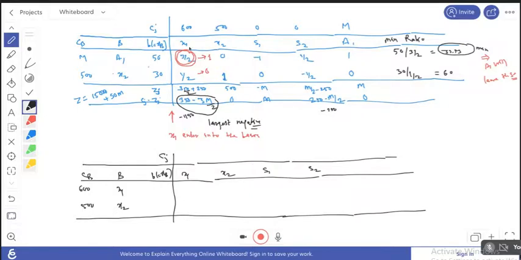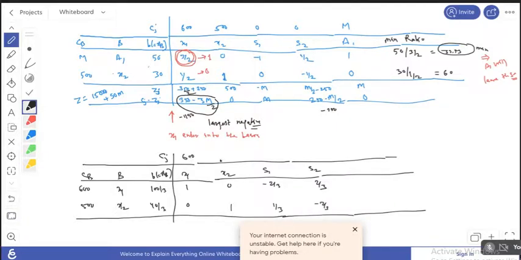After multiplying by 2 by 3, this becomes 100 by 3, and this position is 1. Multiplying by 2 by 3, this becomes minus 2 by 3, and this is 2 by 3. Similarly, after subtracting here, this becomes 0, and this is 40 by 3, 1 by 3, and minus 2 by 3, and the costs are 600, 500, 0, and 0.